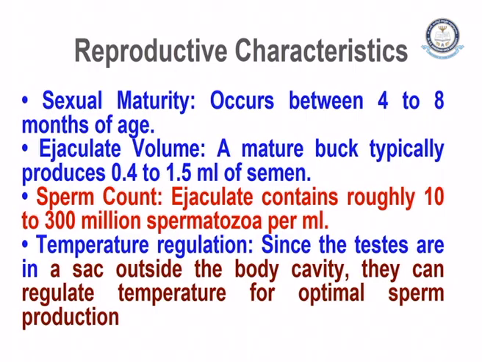So we find quite a large quantity of spermatozoa released in the semen. And temperature regulation: since the testes are in a sac outside the body, they can regulate the temperature for optimal semen production. So temperature is also a very important factor in the production of semen. So we find these important characteristics of ejaculatory volume, count and temperature as characteristic of the reproductive system of the male.